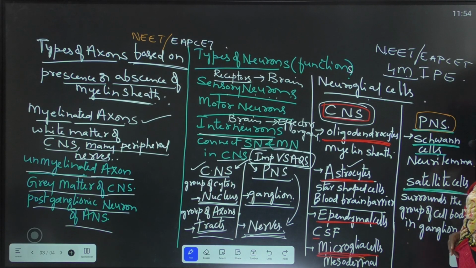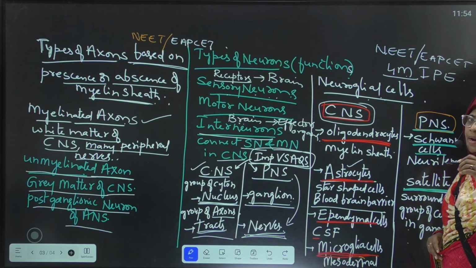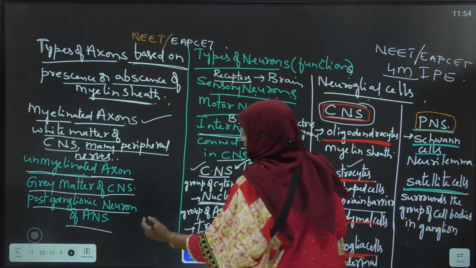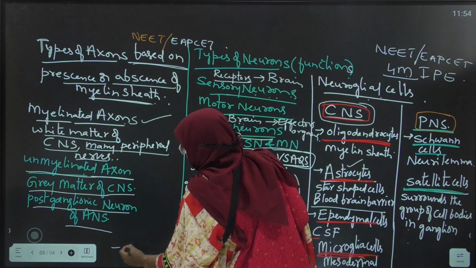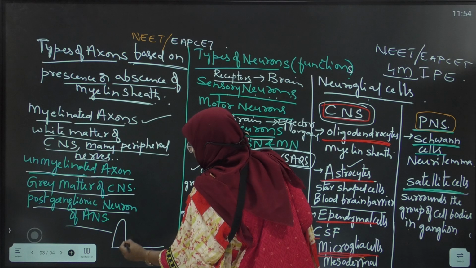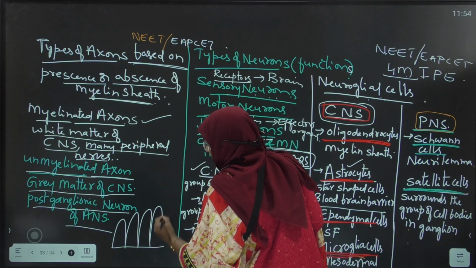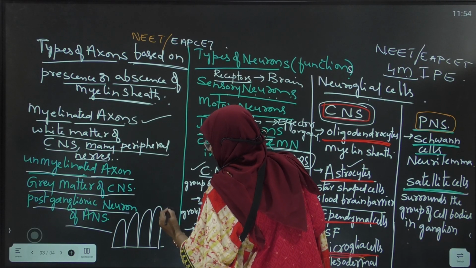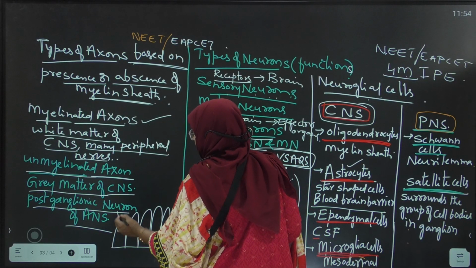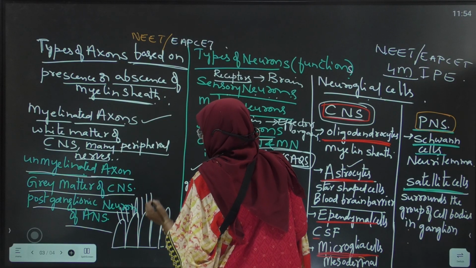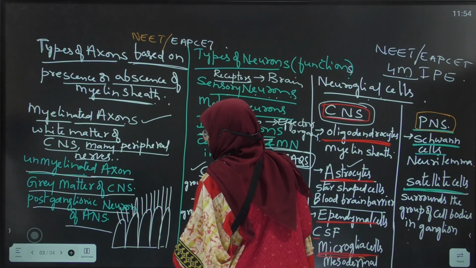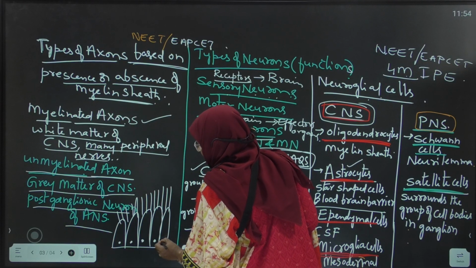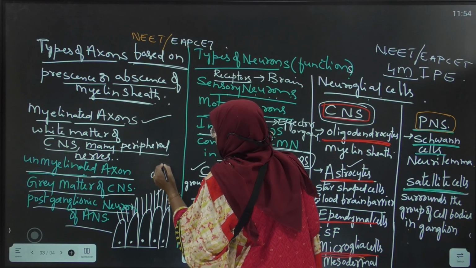Next type of cells are called ependymal cells. Ependymal cells are nothing but ciliated columnar epithelial cells. The free surfaces of the cells consist of cilia.